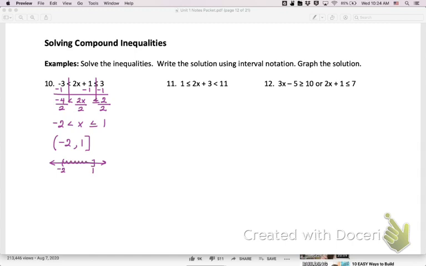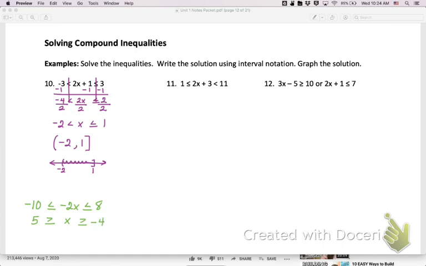Now, if you do have to divide by a negative and it reverses your signs, so let's say that I started with something like negative 10 is less than or equal to negative 2x is less than or equal to 8, for example. If I divide by negative 2, that's going to reverse everything. 5 is now greater than or equal to x, greater than or equal to negative 4.